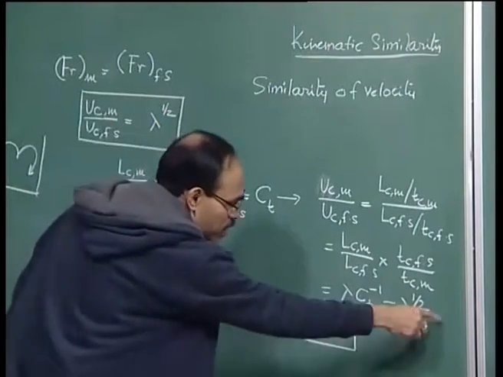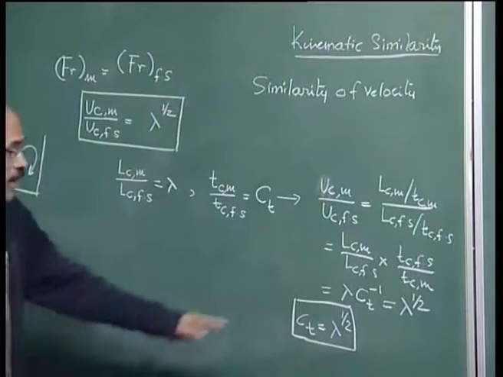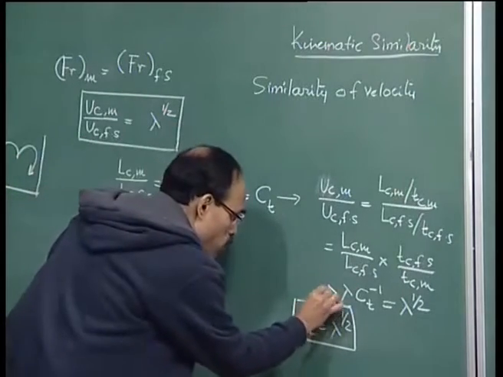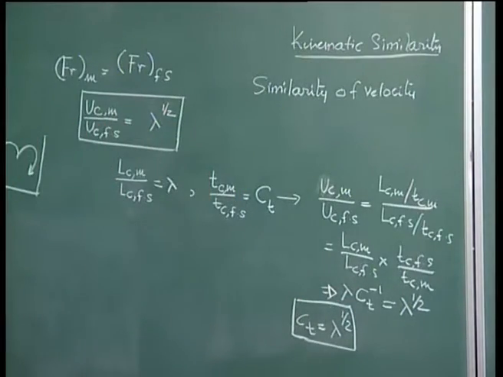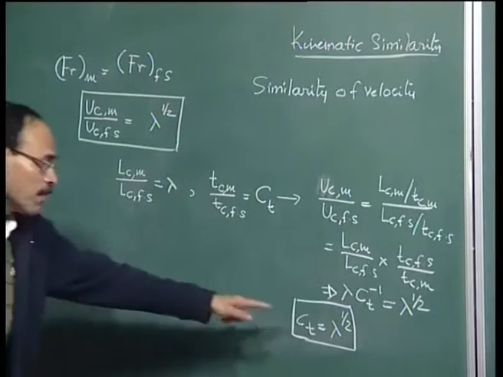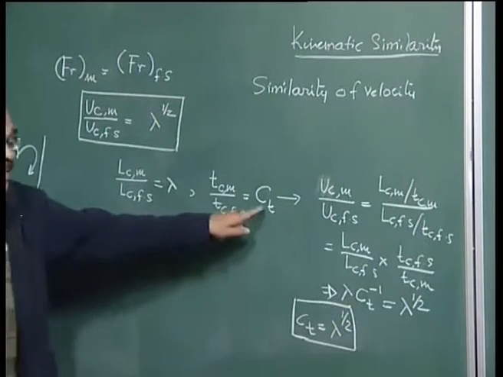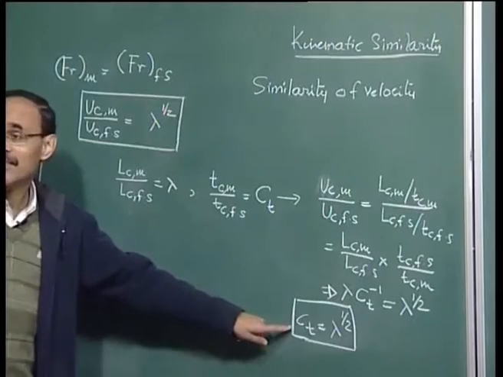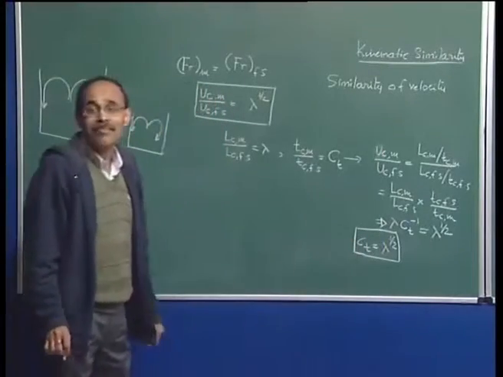I take it to the other side, so this becomes C sub t equal to lambda divided by lambda to the power half, which is lambda to the power half. So, the corresponding time scale in the system is now known in terms of the scale factor lambda itself.